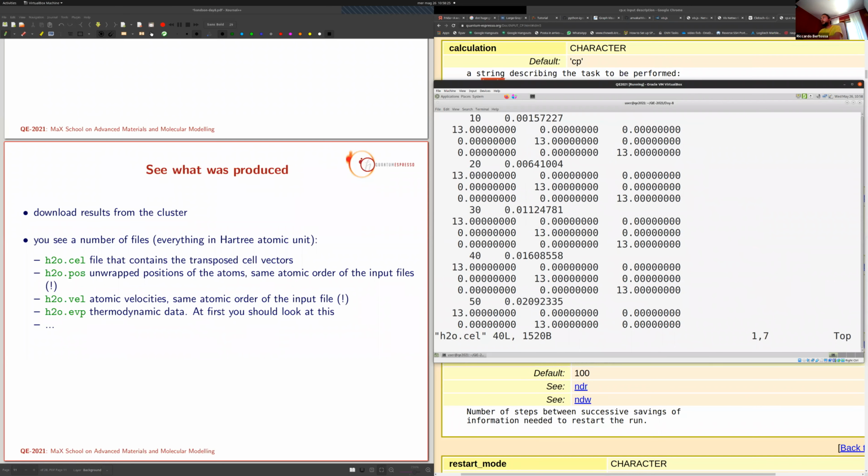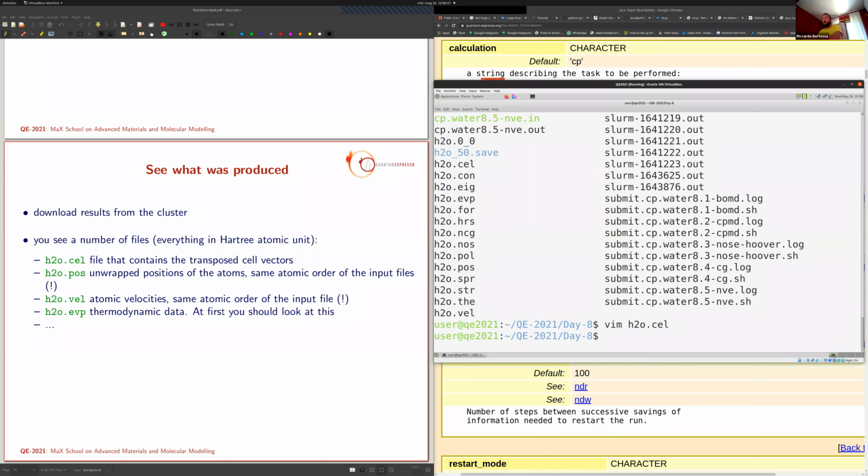It has the cell vectors. Since the cell is constant, they are always the same. You see, this number is the number of steps. This is the time in picoseconds, not atomic units, and then you have all the cell vectors. You see the cell is cubic.